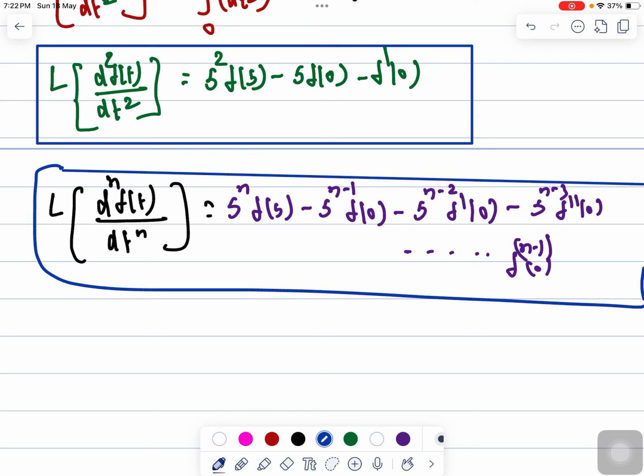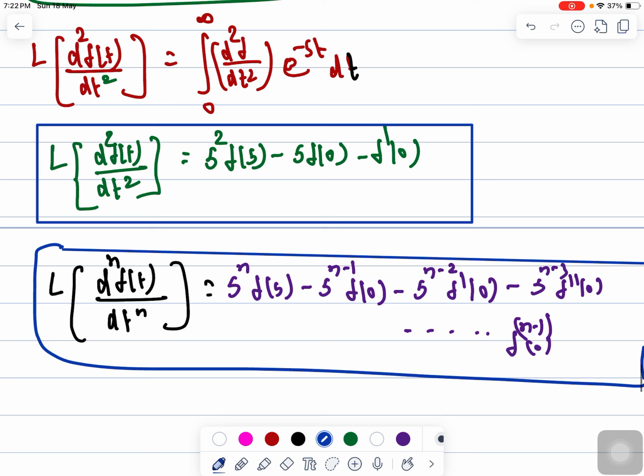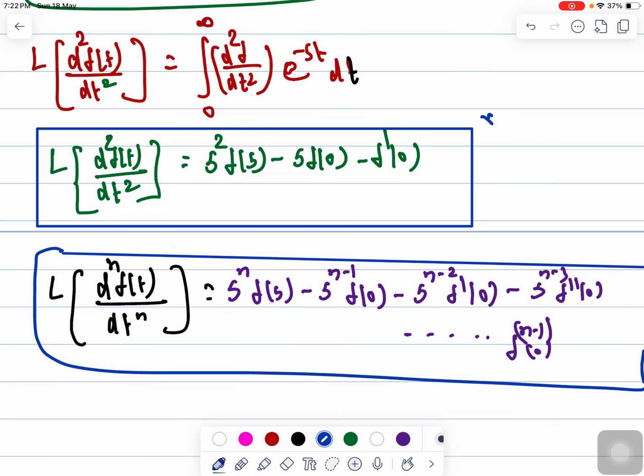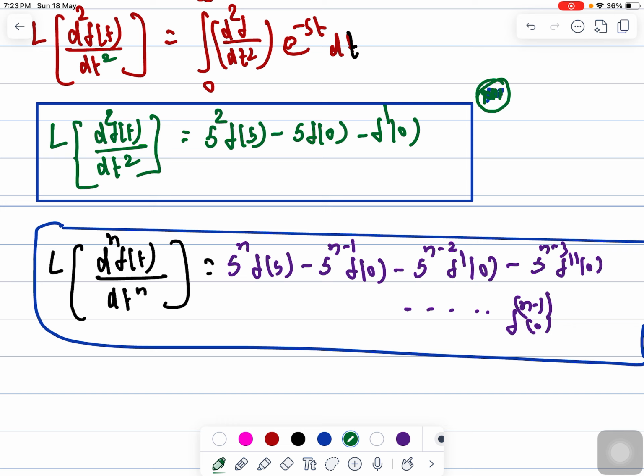I won't suggest you remember these things, but mostly they will ask questions on the basis of the second order derivative. Sometimes, though, they may ask you in the MCQ which of the following options are correct for the Laplace of these things.